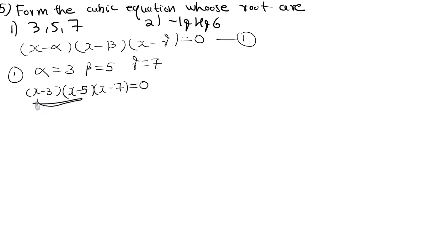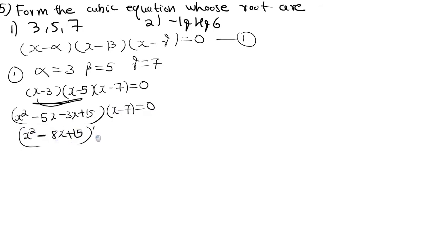First multiply these two terms, later multiply by x minus 7. x into x is x square, x into minus 5 is minus 5x, minus 3 into x is minus 3x, 3 into 5 is plus 15, into x minus 7 is equal to 0. Now simplify this one. x square minus 8x plus 15 into x minus 7 is equal to 0.